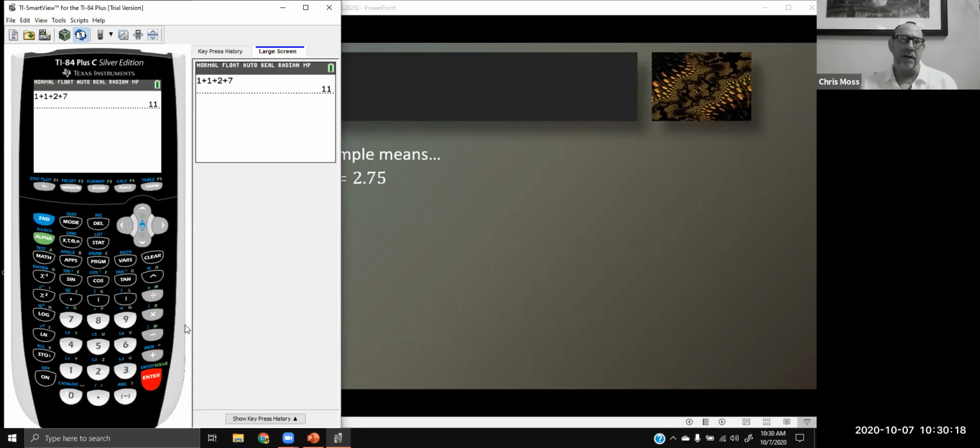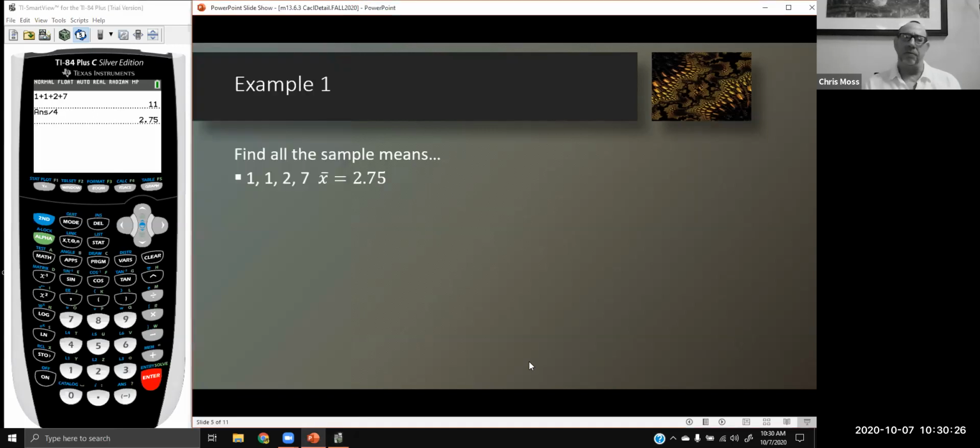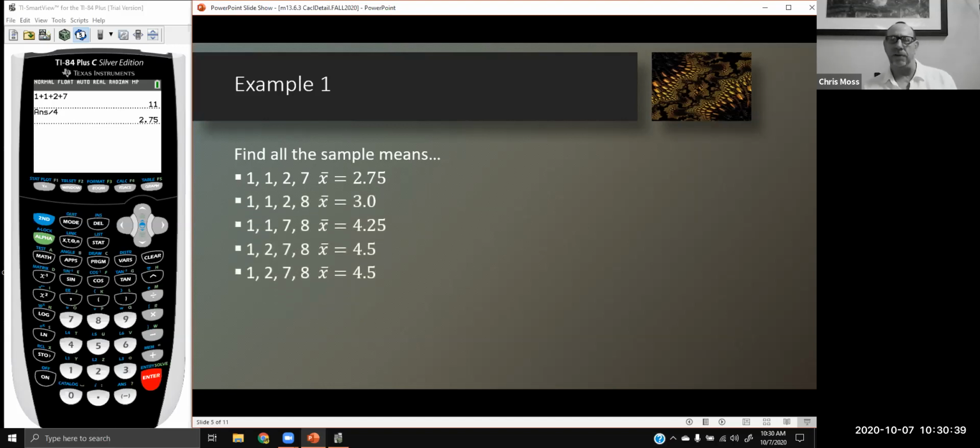Add that together, then divide the result by 4, and you get 2.75. So the arithmetic is really not very intense here at all, adding up 4 numbers and dividing by 4. But I want to do that for all of those samples. Now, I'm not going to make you watch me do it for all of the samples, but if I did, you get these numbers here.